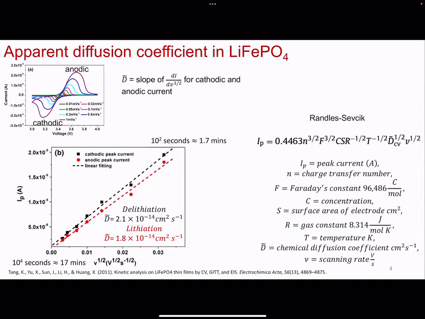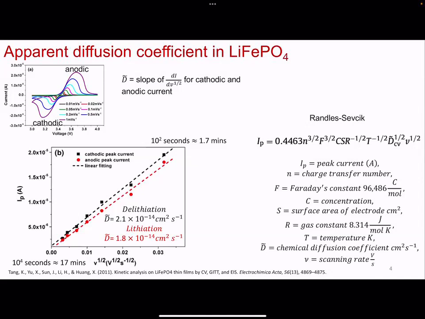If you do that, then you can get the Ip as a function of the square root of the sweep rate. And you can get both the diffusion coefficient for lithiation and delithiation, because those two processes are going to have different rates.